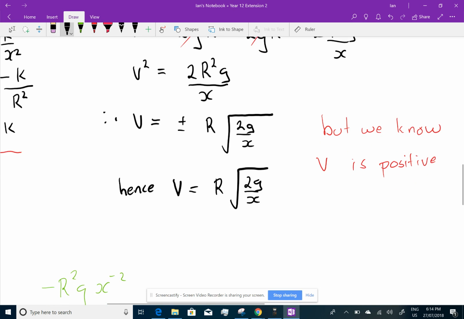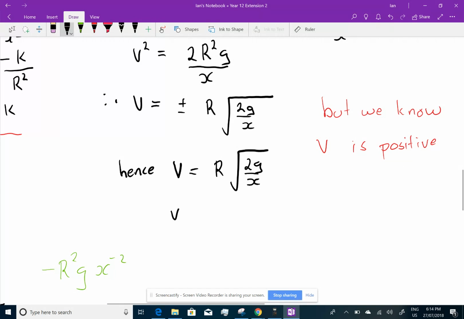Tidy that up a bit. V in index form, r root 2g x to the negative a half. All right. V is dx dt, r root 2g x to the negative a half.